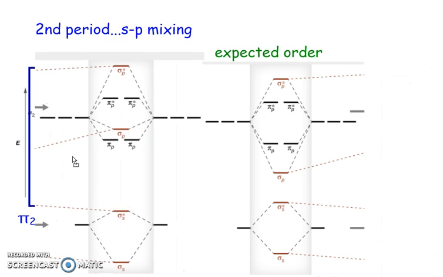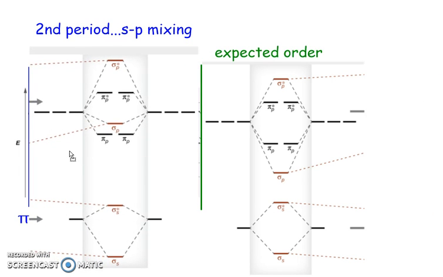However, on the beginning ones, I do have the sigmas for the s's first, but the sigma for the p has a higher energy than the pi for the p. So make sure when you're writing these molecular orbitals that you pay attention to whether the sigma p has less energy or more energy than the pi's for the p.